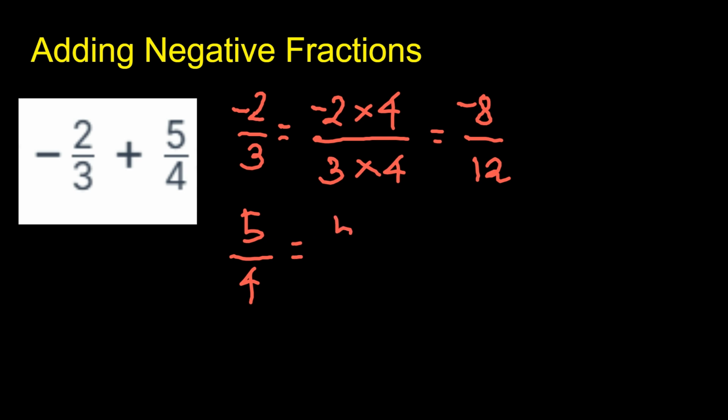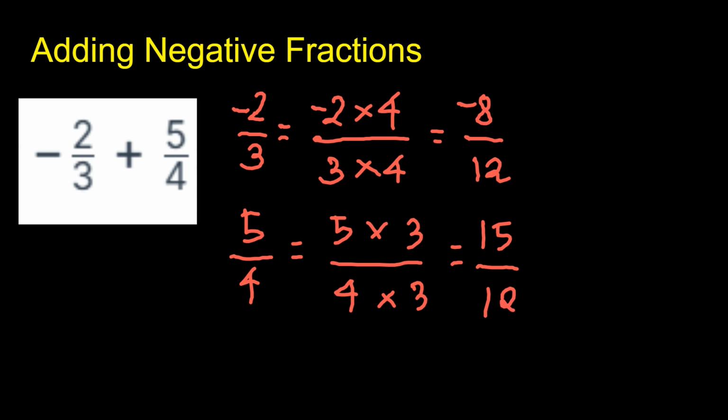We multiply both the numerator and the denominator by 3. So 5 times 3 is 15 over, what is 4 times 3? 12. Why did we do that? Because our main objective is to make their denominators the same, which is the least common denominator, 12.